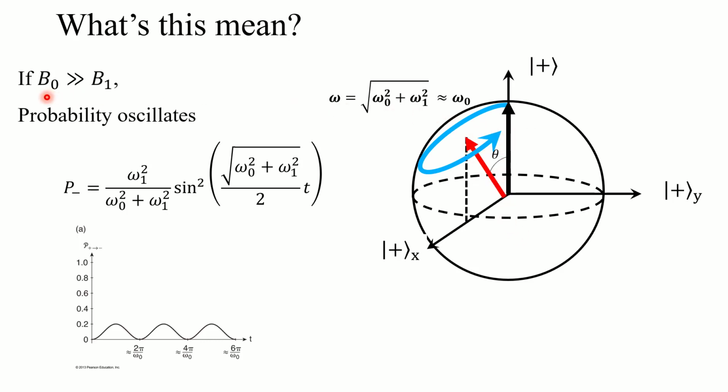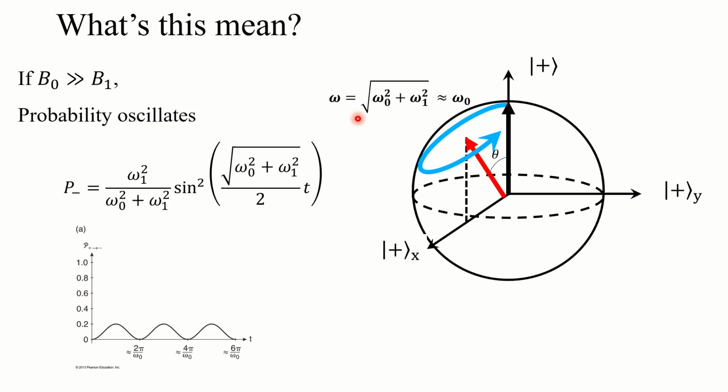If B in the z direction is much larger than B in the x direction, that oscillation frequency is going to be approximately the one defined by that strong z field. But again, very similar to the spin precession case that we saw previously, where we just have a spin rotating around some axes defined by our Hamiltonian energy eigenstates.